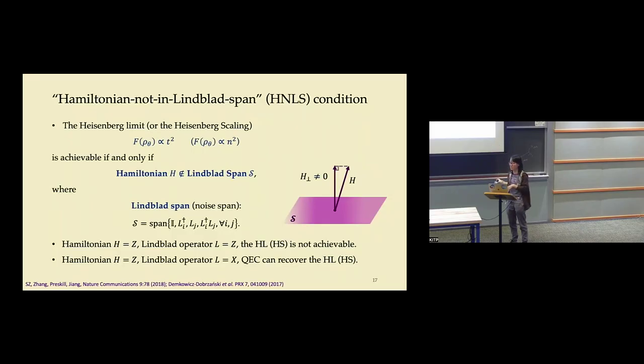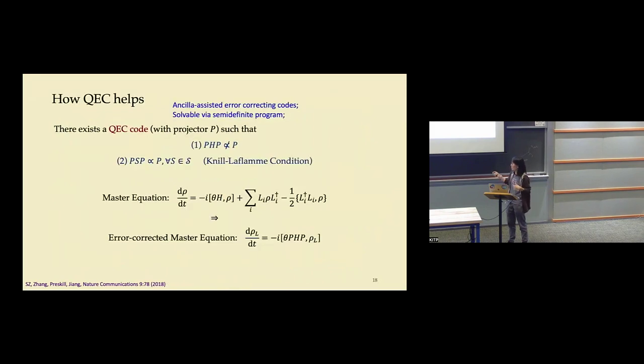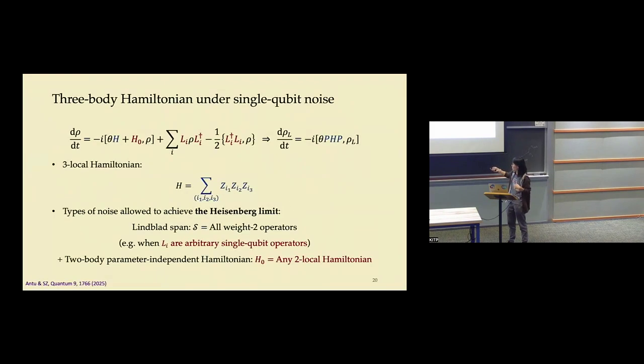So basically, the fact that we cannot get the Heisenberg scaling with this single qubit noise and one-local Hamiltonian is closely related to the Eastin-Knill theorem, where transversal gates cannot be universal. And that is essentially why we're considering this higher order term, which is this three-body Hamiltonian.